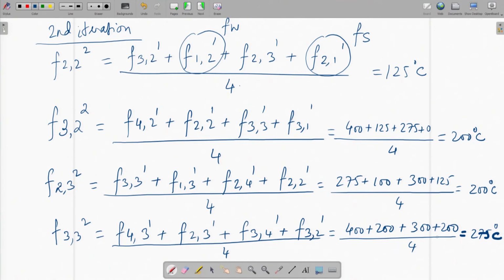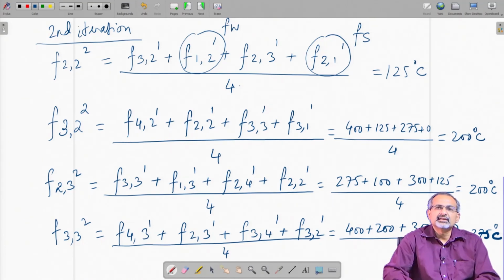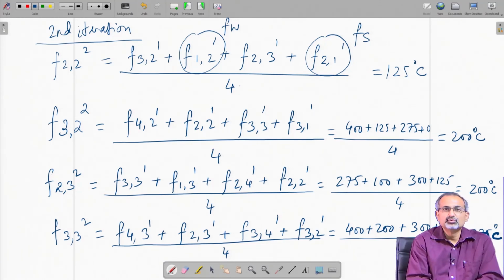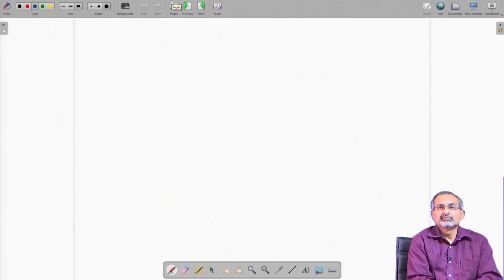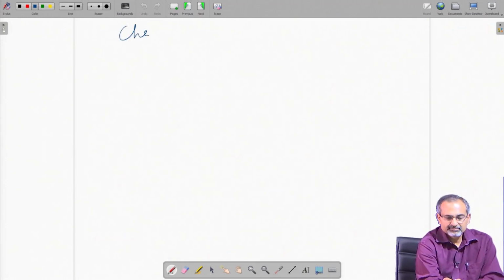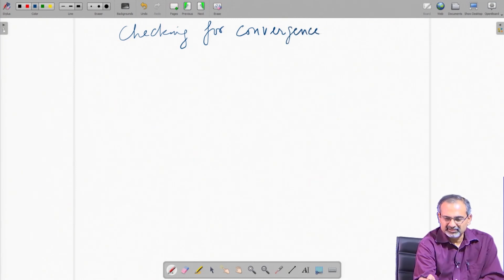Now, this is happening primarily because we have very few grid points in the interior part of the domain, and incidentally the convergence has been achieved very rapidly, but this may not in general be the case. So, we need to check for convergence very often in problems which are of a bigger scale, and there could be essentially two different methods by which we check convergence. That means, whether we need to stop the iterations.